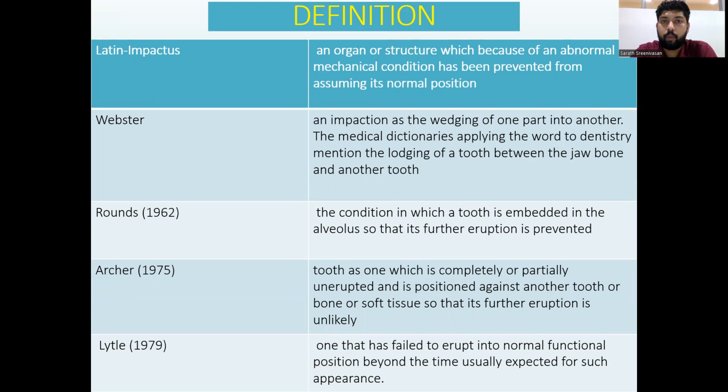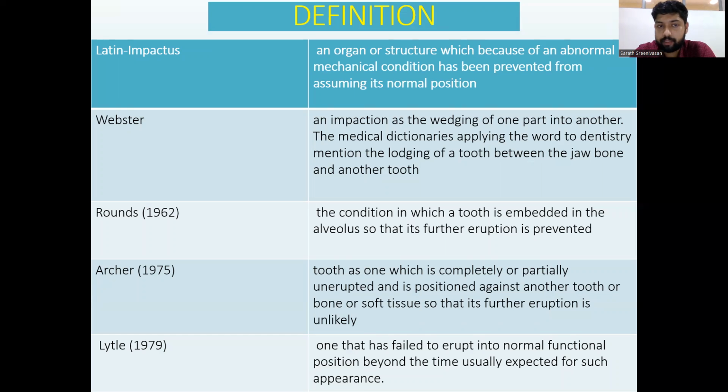A Latin word, impactus, means an organ or structure which, because of an abnormal mechanical condition, has been prevented from assuming its normal position. According to Webster, an impaction is the wedging of one part into another, and the medical dictionaries applying the word to dentistry mention the lodging of a tooth between the jawbone and another tooth.